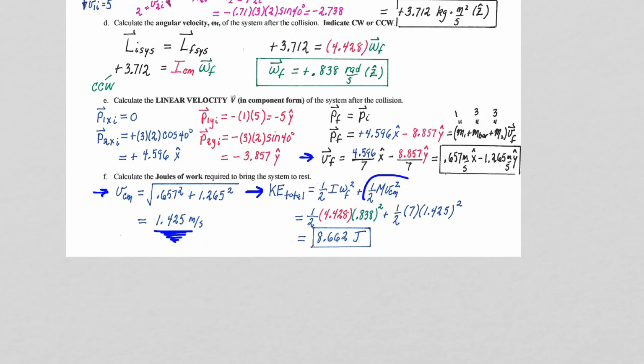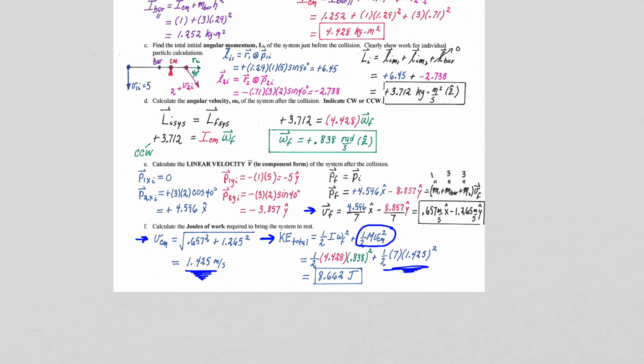1/2 mv squared over here gives us the joules that are in translational motion. We use the 1/2 I omega squared, where the I again is our composite I that we have calculated earlier in the problem. The omega, the spinning after the collision, we have here.